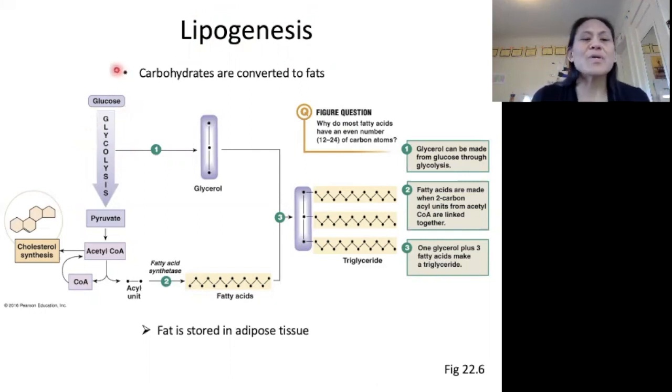Glycerol can be made from glycolysis. Then we can take acetyl coenzyme A and convert that to fatty acids. Then we can combine our glycerol and our fatty acids to make our triglycerides. Okay, so that's how we make our fats. And I want to remind you that fats are stored in adipose tissue.